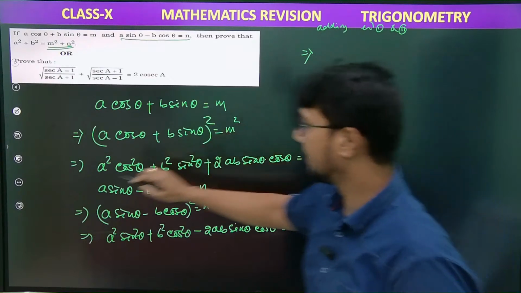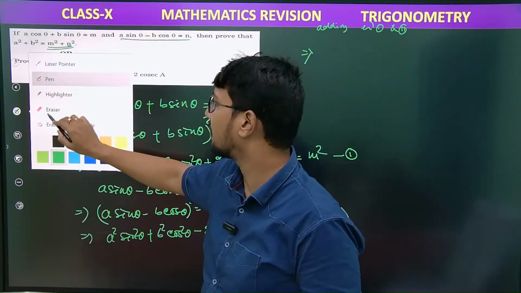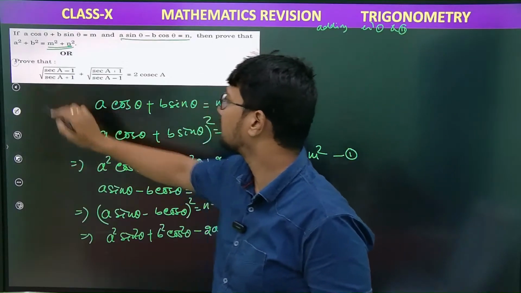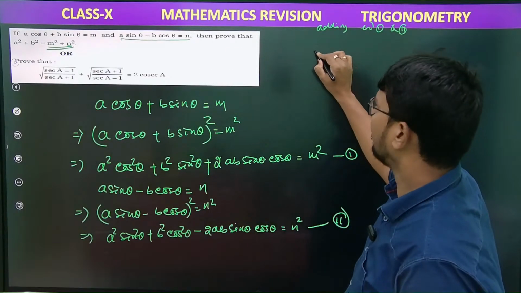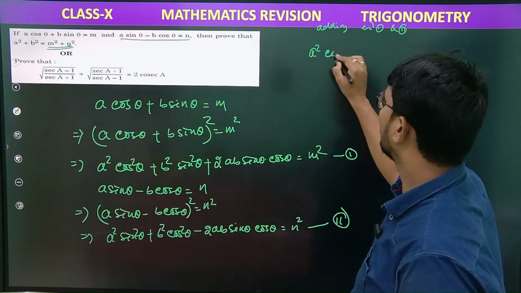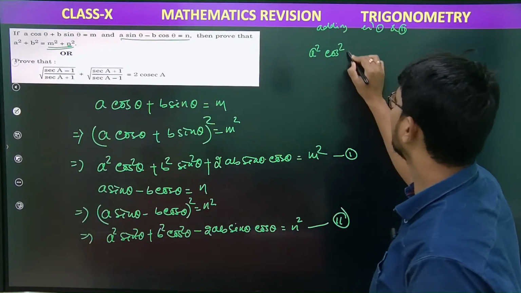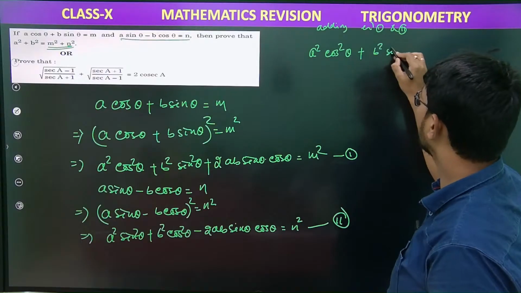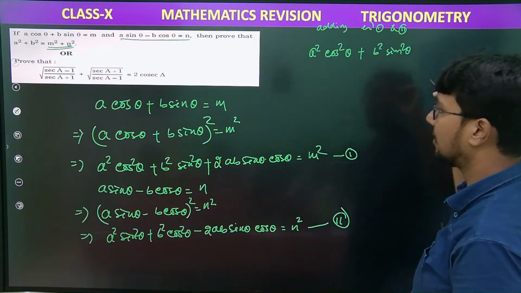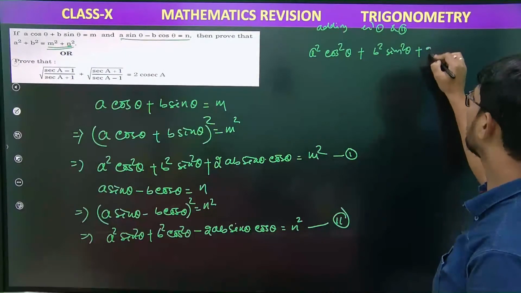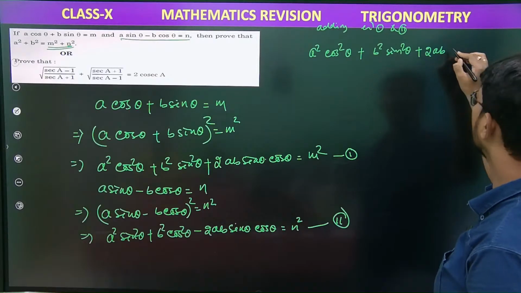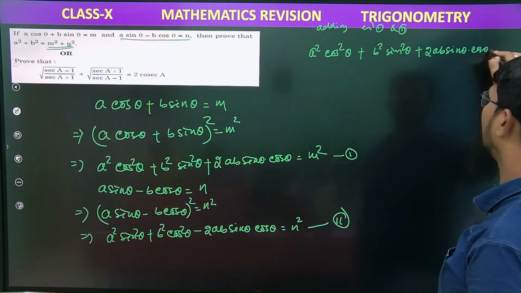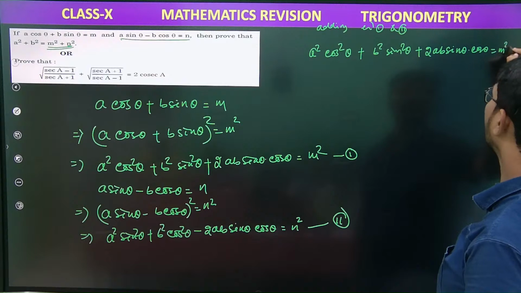I am writing these two equations directly here. It will become A square cos square theta plus B square sin square theta plus 2AB sin theta into cos theta equals M square.